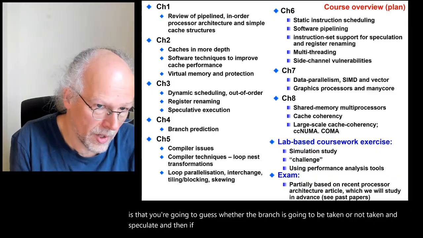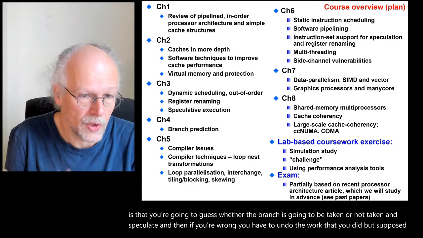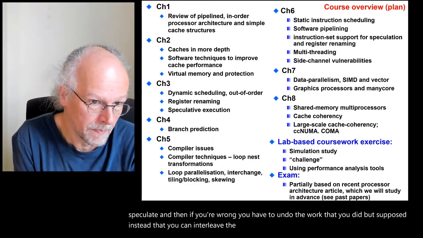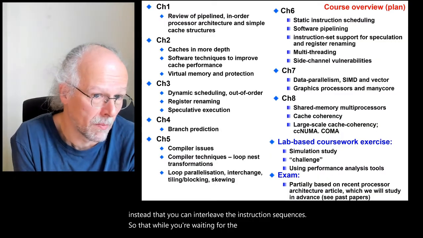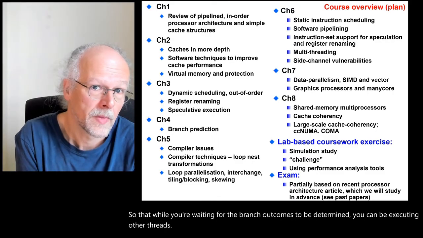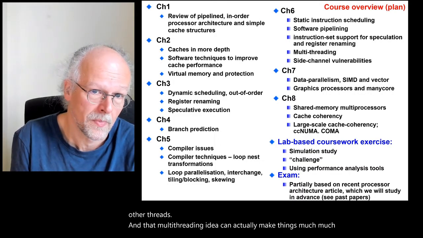And then if you're wrong, you have to undo the work that you did. But suppose instead that you can interleave the instruction sequences so that while you're waiting for the branch outcome to be determined, you can be executing other threads. And that multi-threading idea can actually make things much, much simpler.